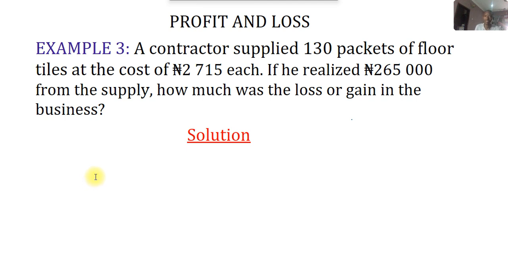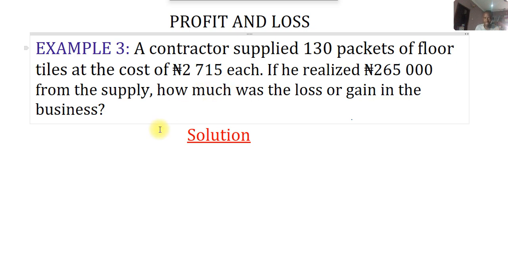Now, if he realized 265,000 naira from the supply, how much was the loss or gain in the business? Now, we know how much he actually sold, which is 265,000 naira, but we don't know how much he got everything at first.